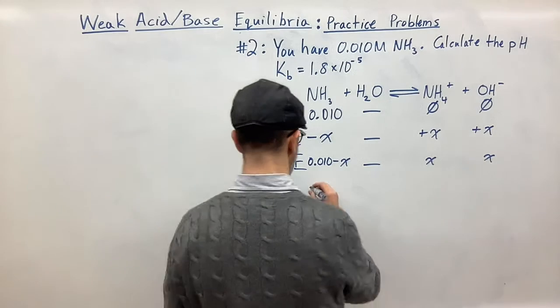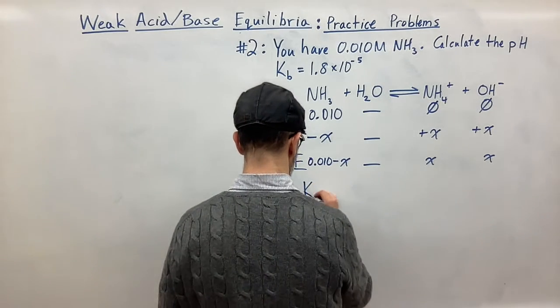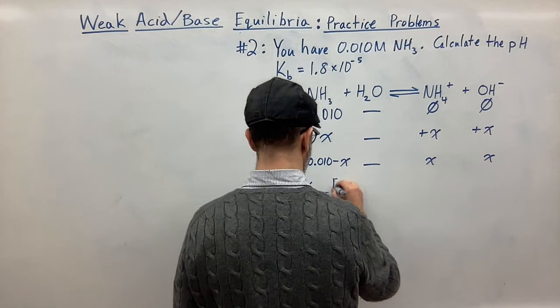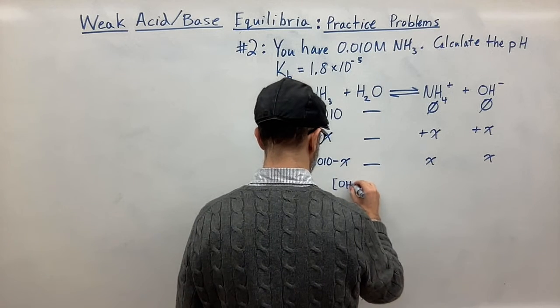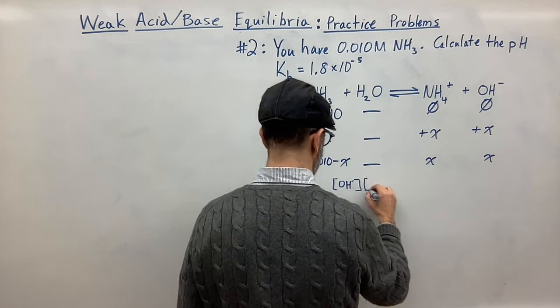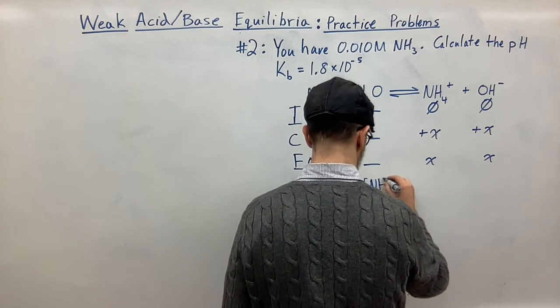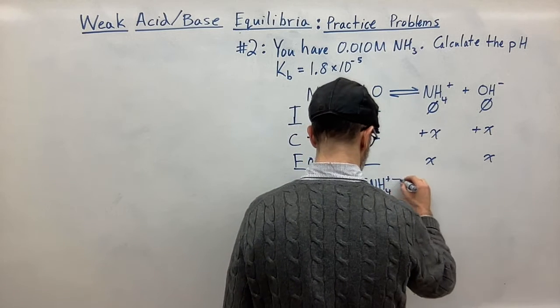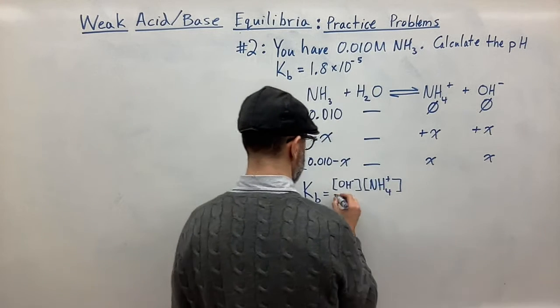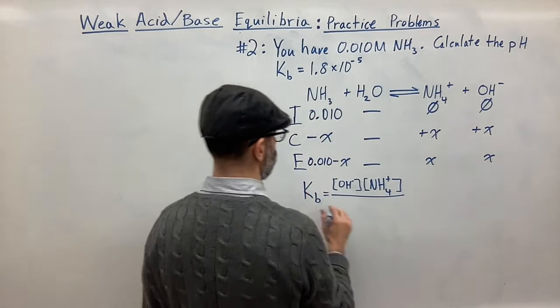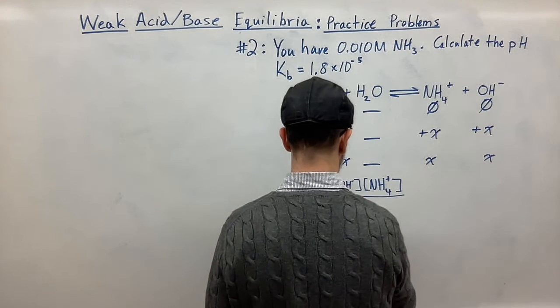So here Kb is equal to the OH minus concentration multiplied by the NH4 plus concentration, and that's going to be all over the NH3 concentration.